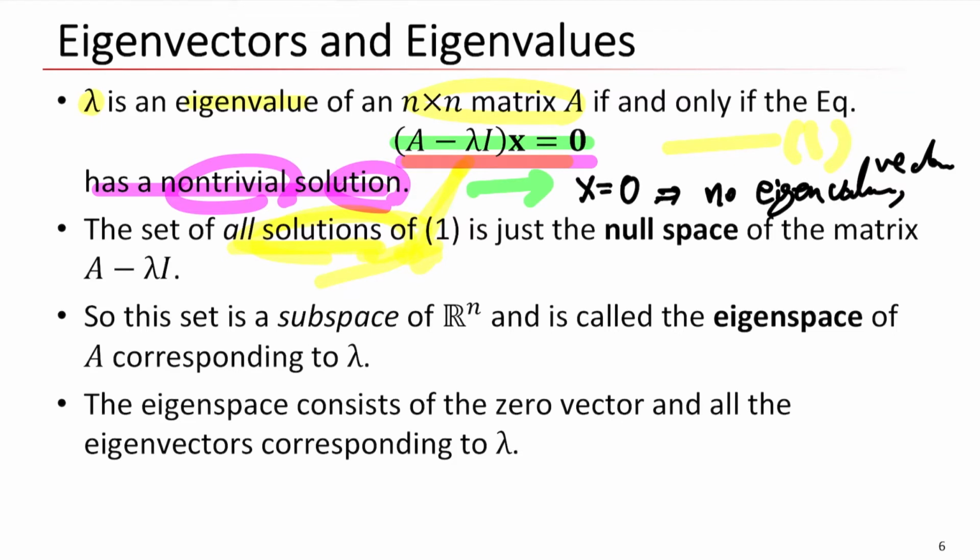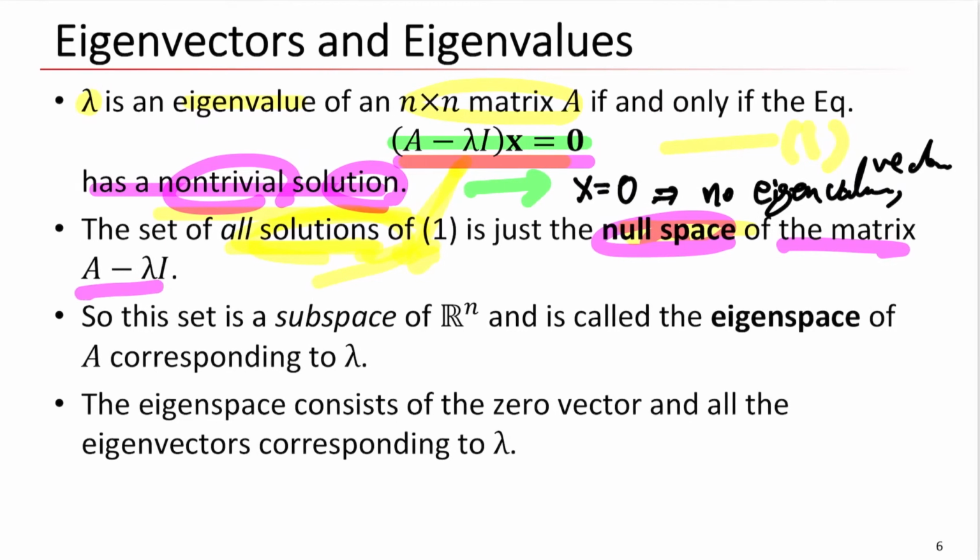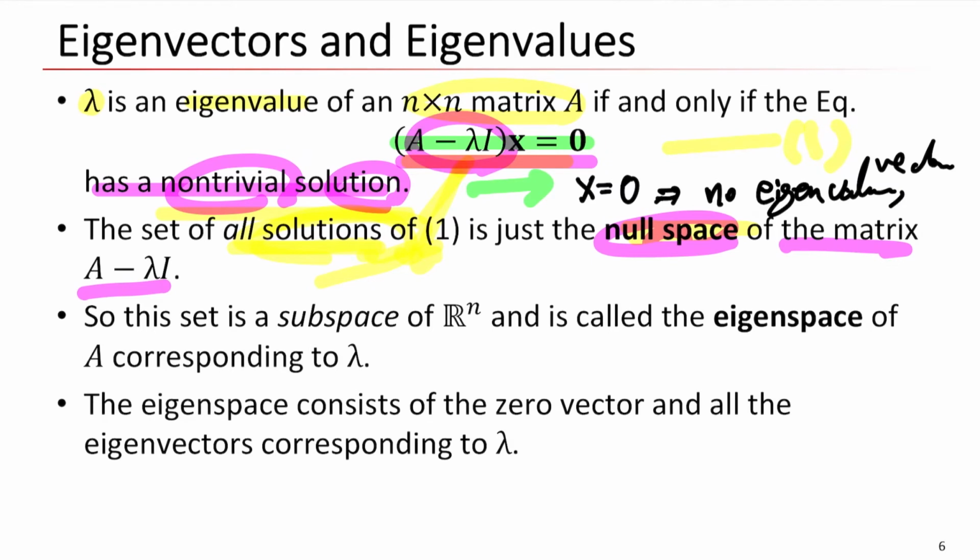Because this is a homogeneous system, there are two kinds of possibility: the trivial solution case and the non-trivial solution case. The set of the whole solution of this one is just the null space of this matrix, so it will be another matrix A prime.